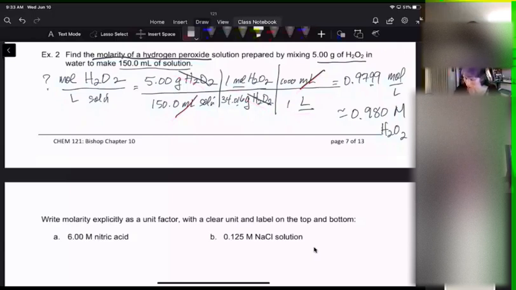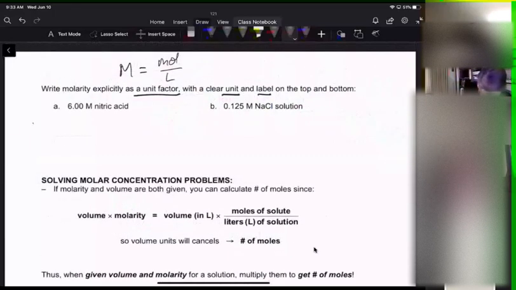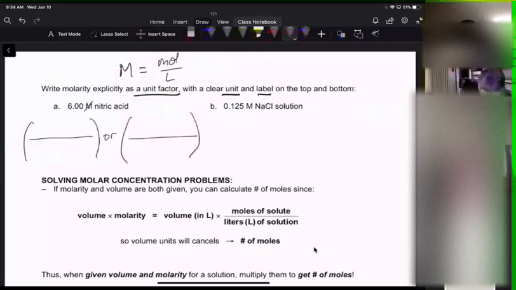So let's take a moment to write these factors with a clear unit and label on the top and the bottom. So remember that the capital M means moles per liter. So here we have 2 factors that we can write. Moles on top, liters on the bottom. So that is, and do you remember what nitric acid is? That's one of our strong acids, HNO3.